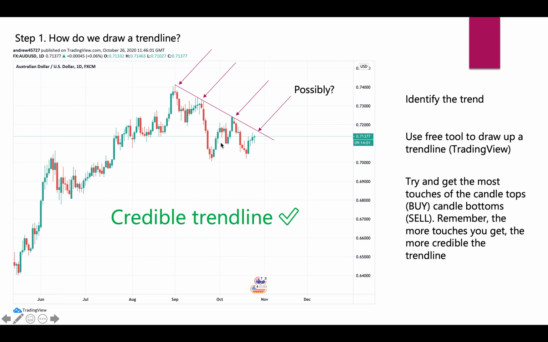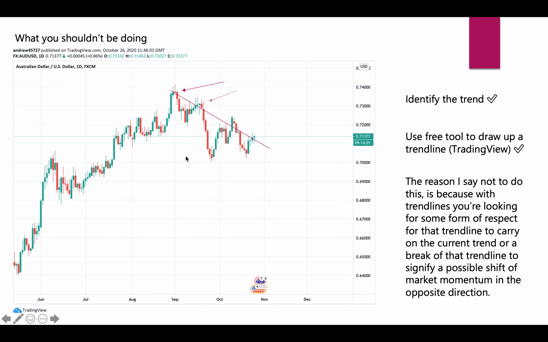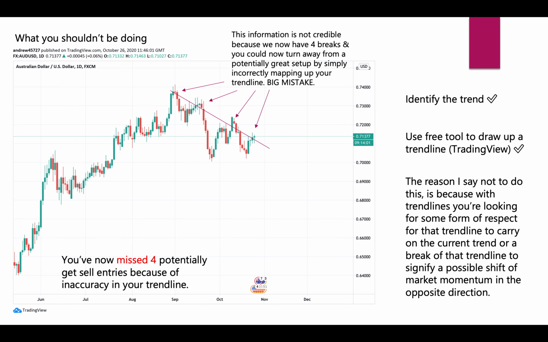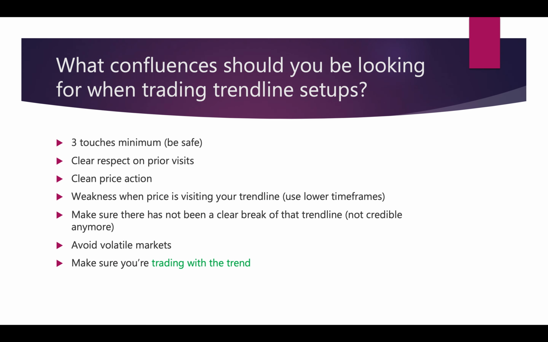Yeah, it's sort of undecided. So with this bit of formation here, you're seeing some strong bullish and some strong bearish candles. So what you could do is go on to the lower time frames and see if you can identify some sort of weakness as price revisits your trend line.